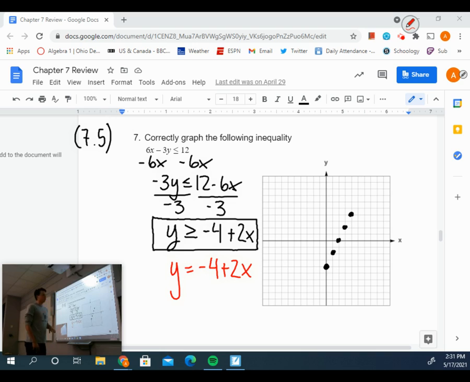So how do I decide if this boundary makes the inequality true? Well, you could plug values in on your boundary, but the shortcut is to look and see if your inequality has an equal sign. If your inequality has an equal to sign, this little line under here, then points on the boundary will make your inequality true, and we want to indicate that by making a solid line.